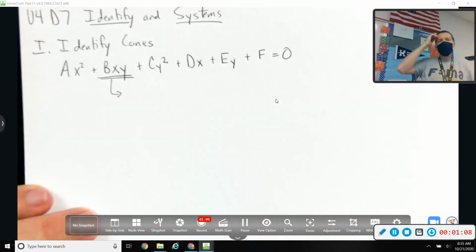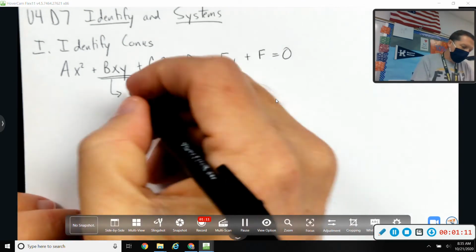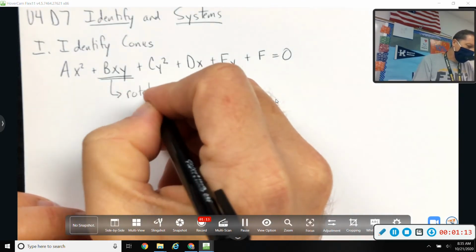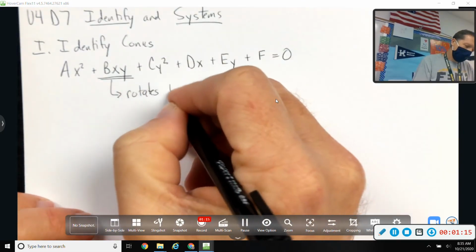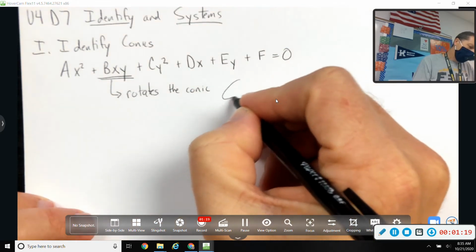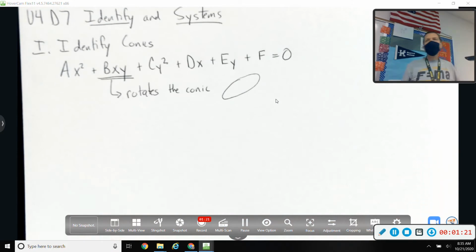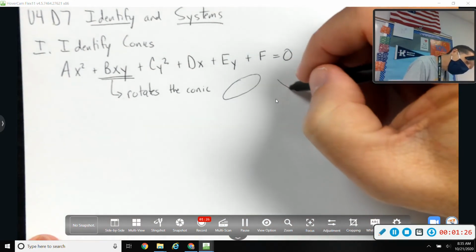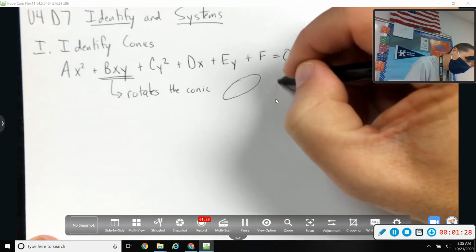What bxy does, if that term is in there, is it rotates the conic. So you could have an ellipse that wasn't left, right, or up, down. You could have a hyperbola at some weird angle.